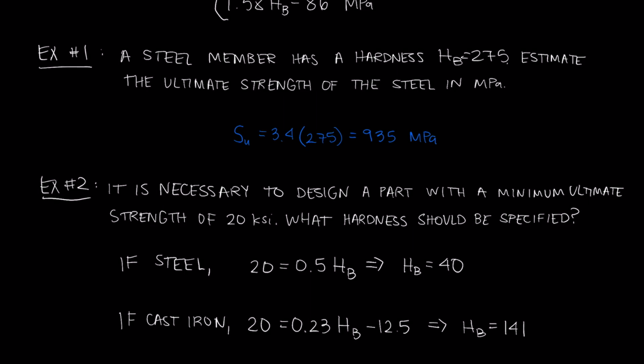I can use a hardness test to ensure that I meet the specification of an ultimate strength of 20 ksi. And we would probably put an extra buffer on top of this hardness number to make sure that we really do achieve a minimum ultimate strength of 20 ksi.